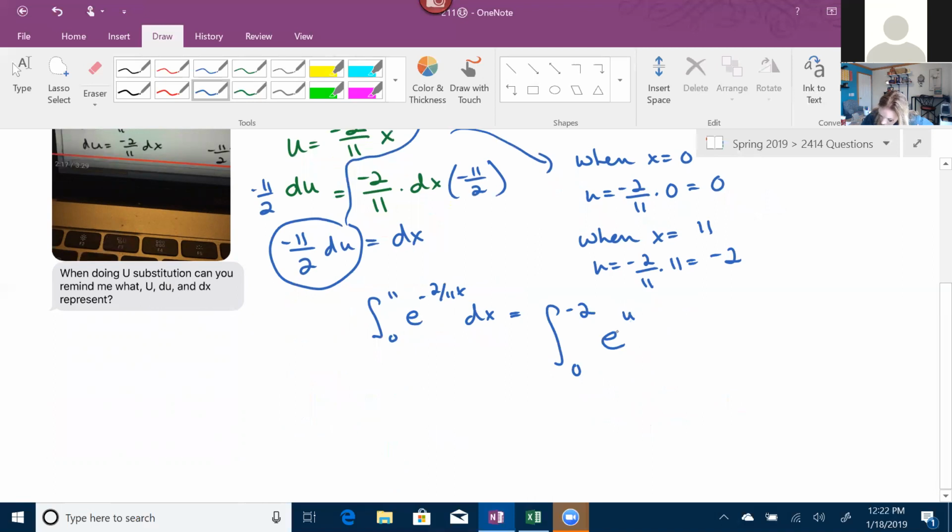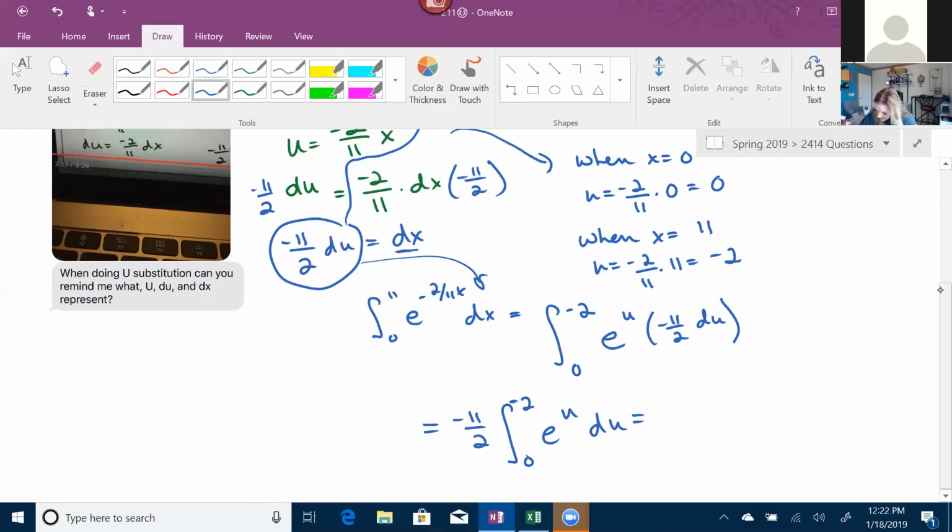Instead of dx, I'm going to write -11 halves du. Now, typically, you'll see me put that constant out in front. I wouldn't put it there, but I'm just letting you see that I made that direct replacement right in there. So now I'm going to take that negative 11 halves out in front because it's a constant, so it just tags along. Integral from 0 to negative 2, and then it's e to the u du.